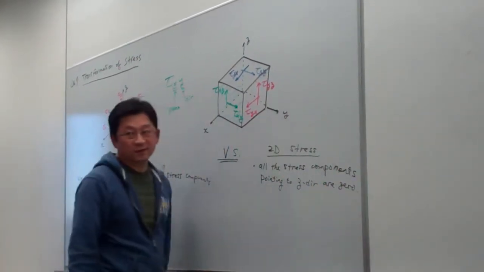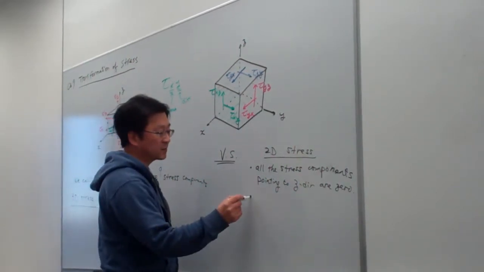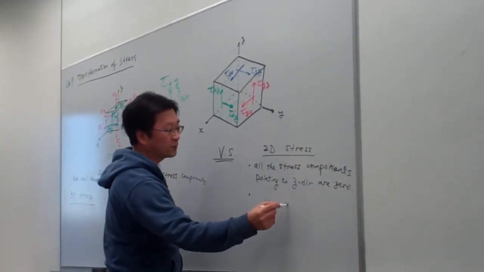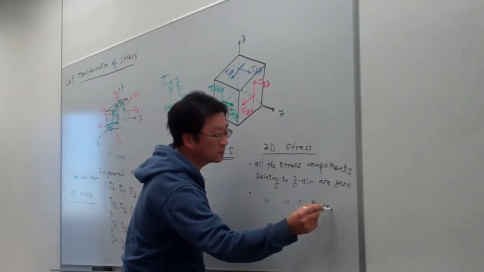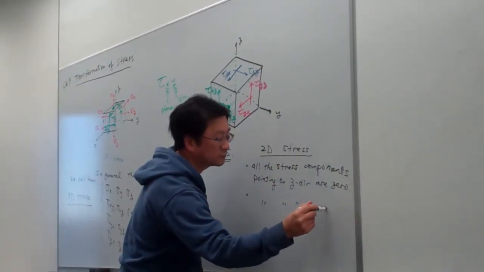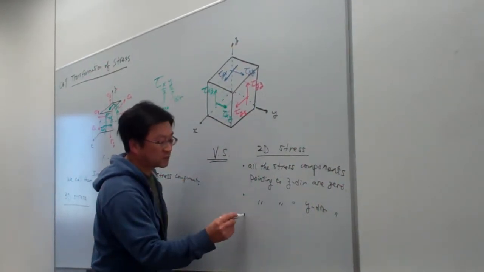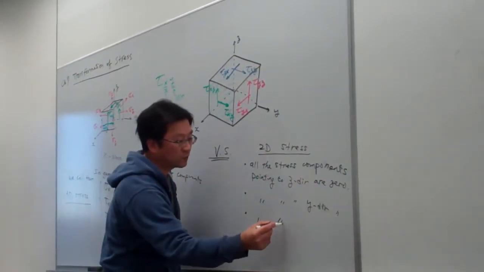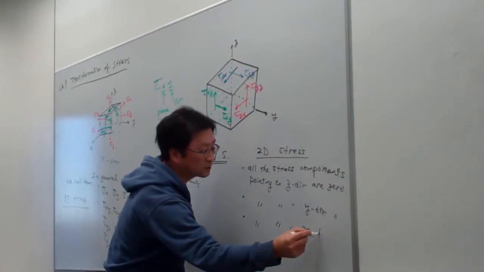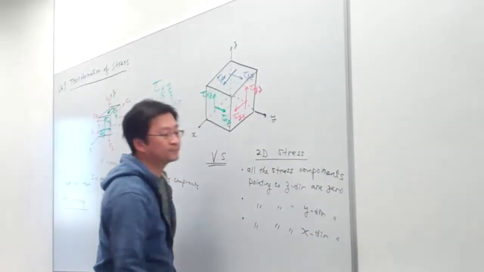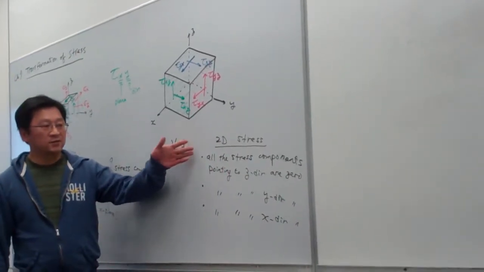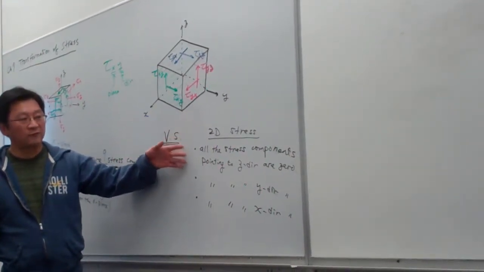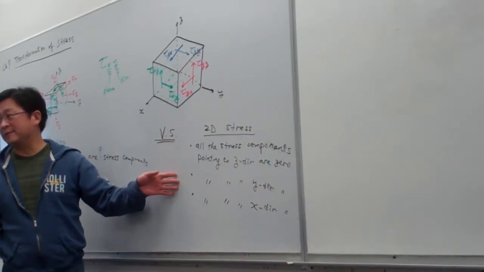This is one scenario. The other scenario is that all the stress components pointing in the Y direction are 0. The third scenario is that all the stress components pointing in the X direction are 0. Nothing more, nothing less. For the 2D stress, we only have three scenarios we can talk about.